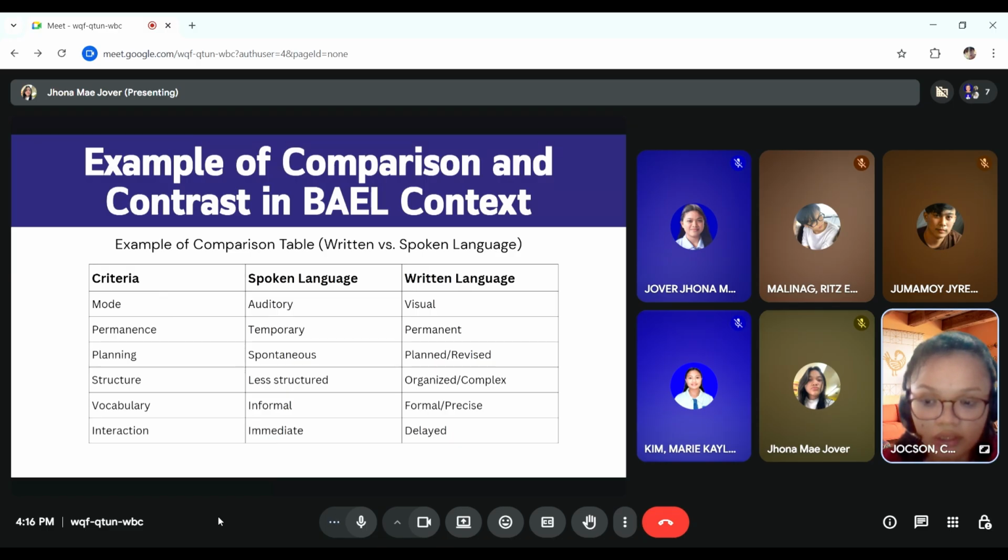So we map out here the criteria that we have pointed out: mode, permanence, planning, structure, vocabulary, and interaction. And then for spoken and written, you point out the differences mainly of these two topics that you are comparing and contrasting. Okay, and then for the next slide, please.